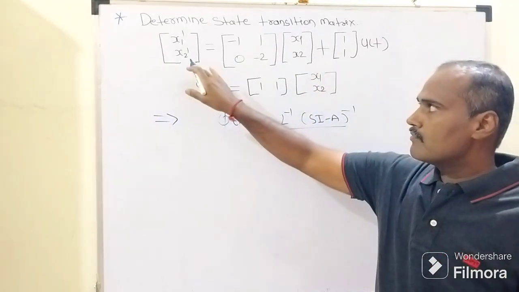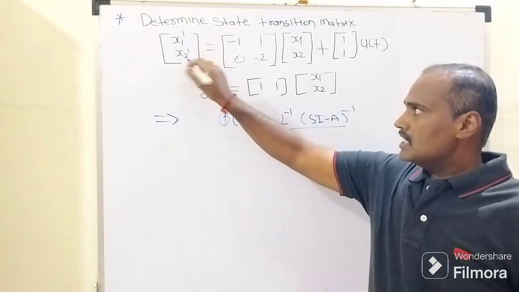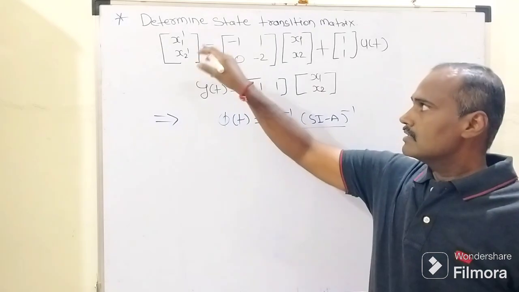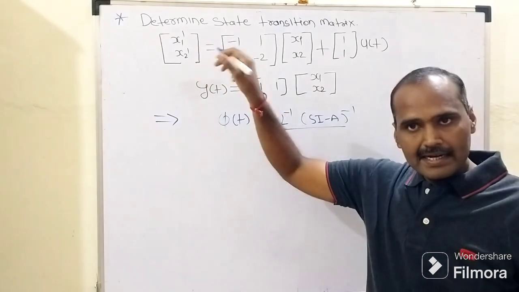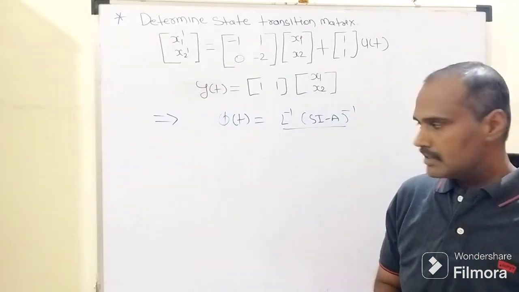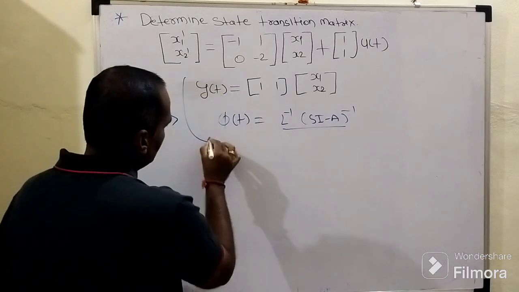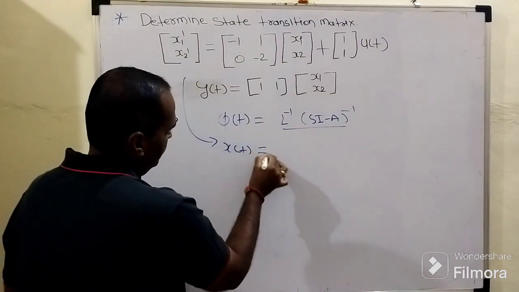The first matrix is denoted for the variable x, as x1 dash and x2 dash. Basically this x1 dash and x2 dash indicate the first order differentiation of the input state equation, denoted, for the sake of the moment, as x of t.